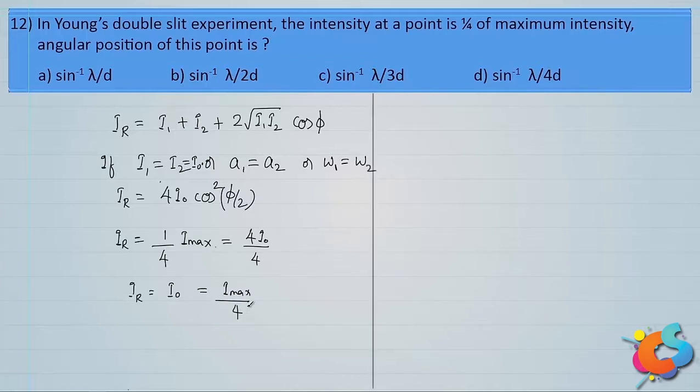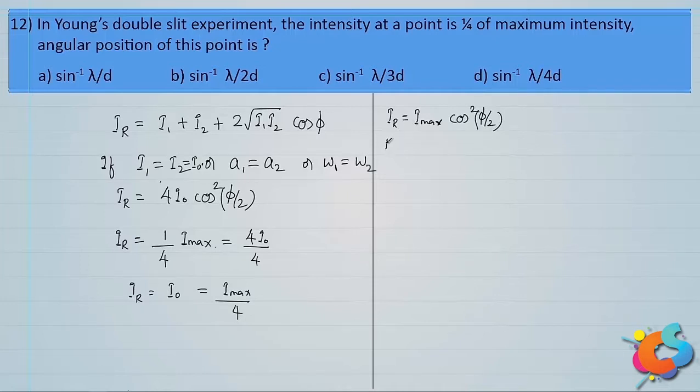Now, let me rewrite the expression for resultant intensity. In place of 4 I naught, you can write I max. 4 I naught is also the maximum intensity, so I'll replace it by I max into cos square phi by 2 as it is, but resultant intensity is given to be 1/4 the maximum intensity, so that is I max by 4 should be equal to I max cos square phi by 2.